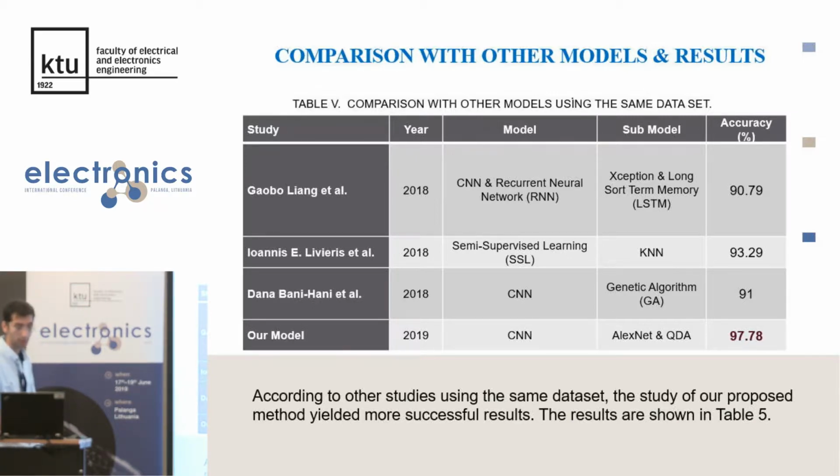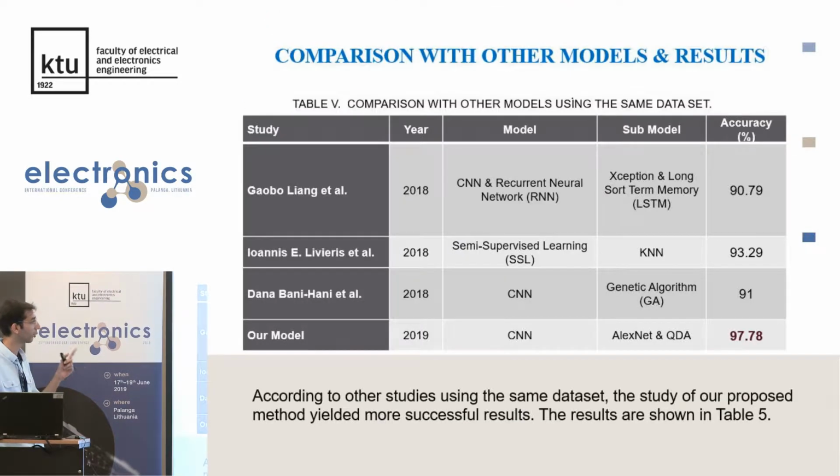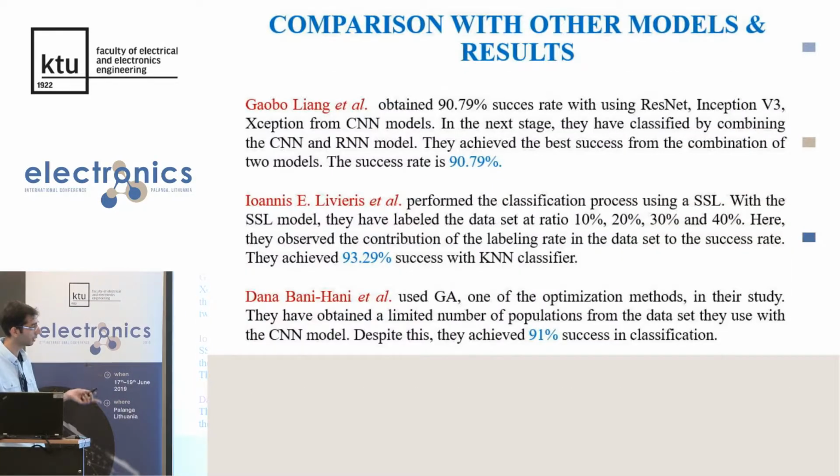Our model, AlexNet, has accuracy of 97 success rate, with results shown in table 5. Comparisons with other models and results are shown in the tables.